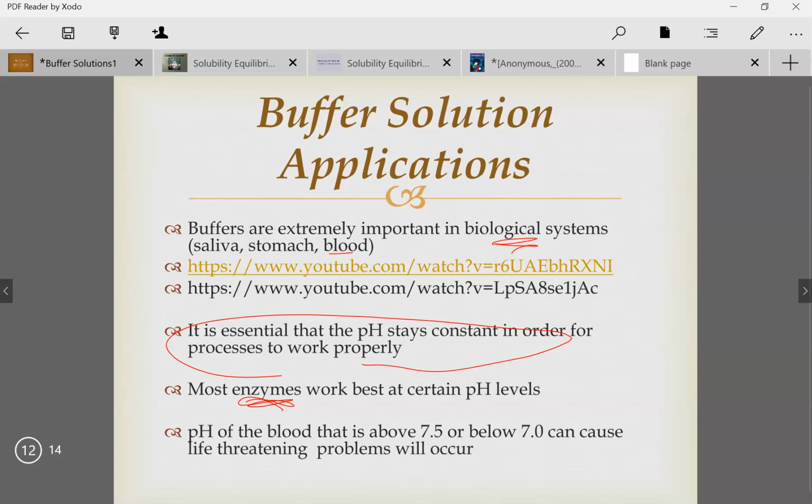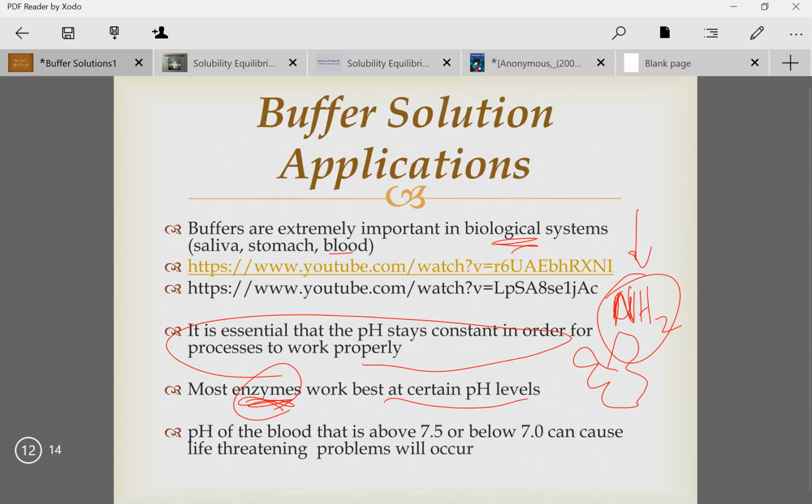And therefore, these enzymes, because of their protein structure and because the protein has a lot of amine groups, which are NH2 groups, they can easily be protonated and deprotonated, and this changes their structure, right? So the pH is extremely important for a protein, because beyond plus or minus that pH, it's going to change how this enzyme folds and looks, and therefore change the products, or maybe make the reaction unable to work.